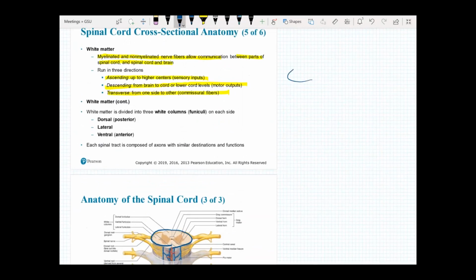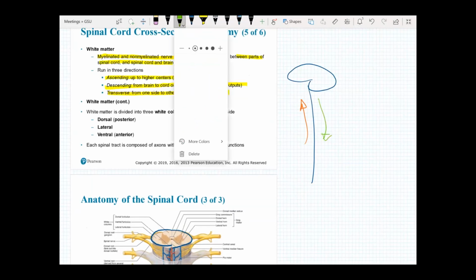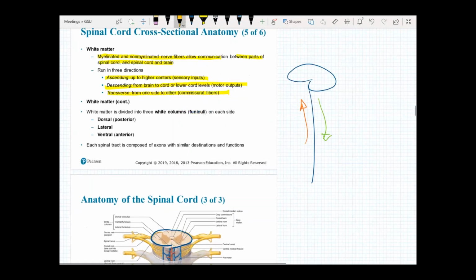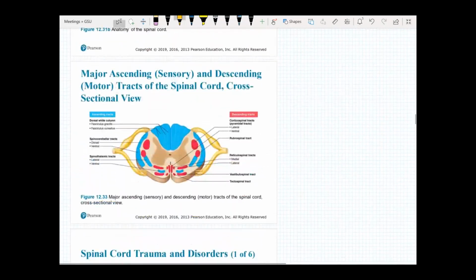So if this is my brain and spinal cord, you will have ascending information going up. You will have descending information that can come down the spinal cord, but then you can also have transverse information that's going from right to left or left to right. So that's what's going on. Essentially, white matter is the tract of information that is being carried up and down the spinal cord.